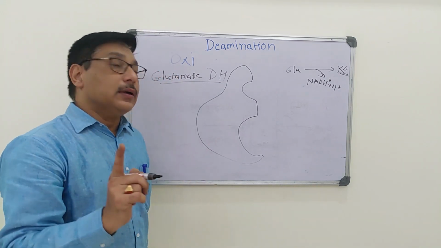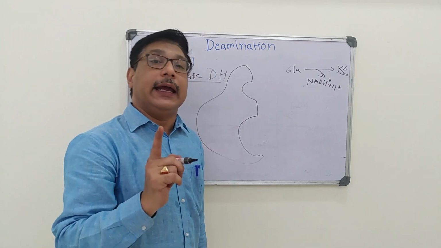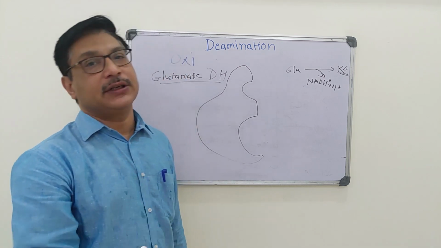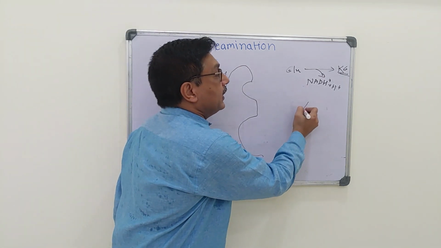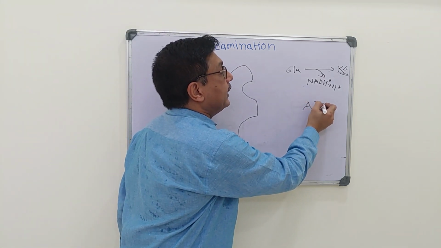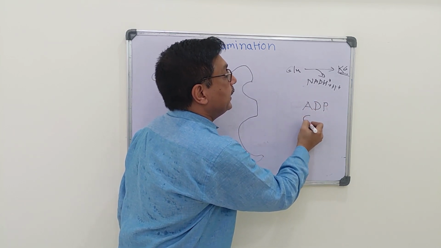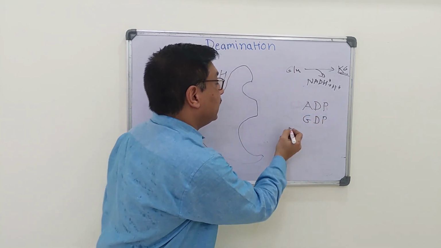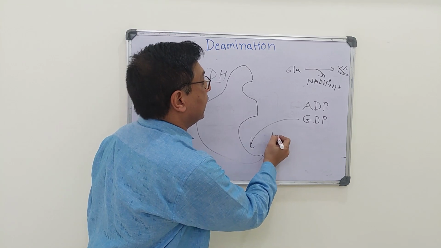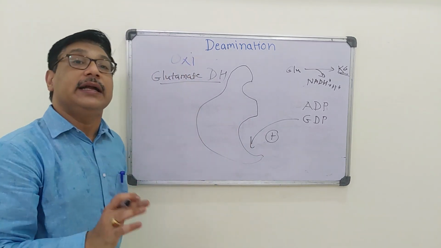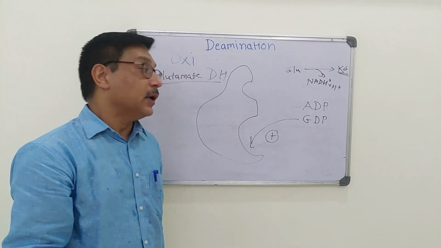So whenever there are energy depleted states, that is cells have more of ADP or GDP, then it will allosterically activate this glutamate dehydrogenase enzyme.